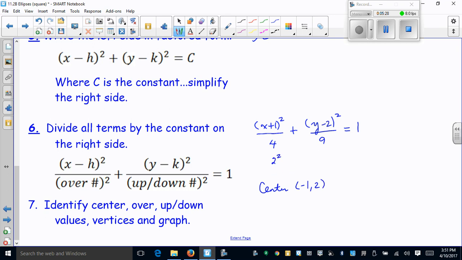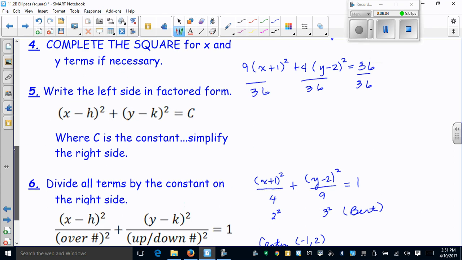So our vertices become, -1's not going to change. 2 plus 3 gives me 5, -1. And 2 minus 3 gives me -1. There's our vertices for this particular one. Now, if we had the graph, we could graph it, but we don't, so we're not going to graph it. Biggest thing on this one is the completing the square, so just be really, really cautious of what's going on here. Lots of room to make mistakes.